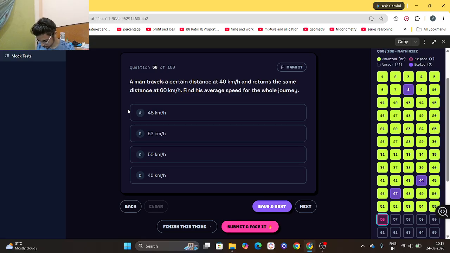That is 120 plus 120 upon 120 upon 40, 3, plus 120 upon 60, 2, which is 240 upon 5. 48 kilometers per hour.